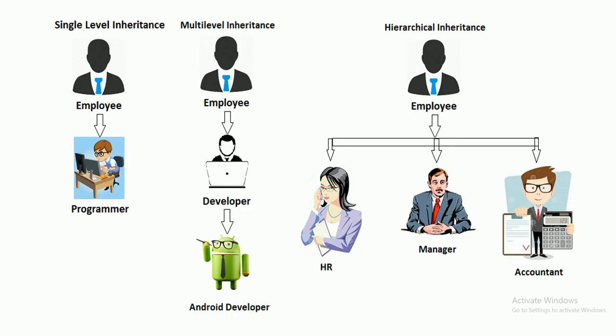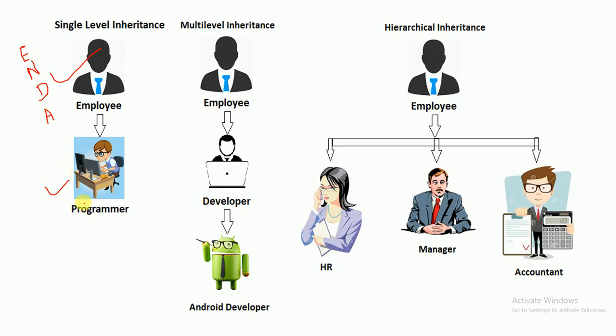We can understand it with the help of this diagram, and we can consider this an example also. In single level inheritance, there is only one base class and one derived class. Say, if employee is the base class and programmer is the derived class, consider employee has the fields employee ID, name, date of birth, and address.